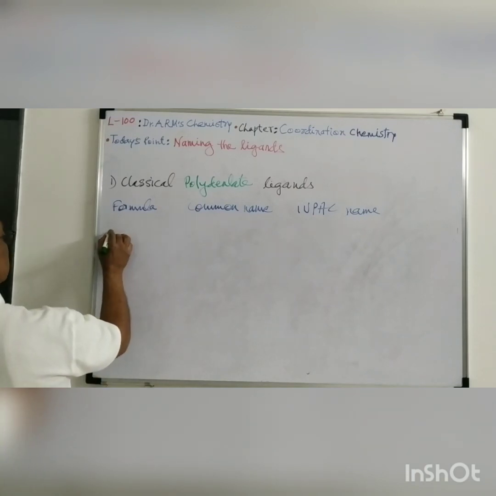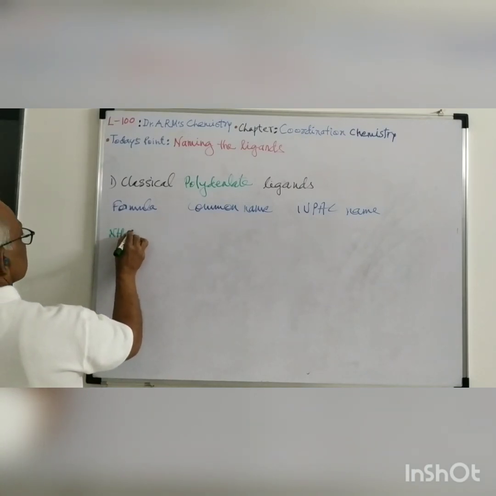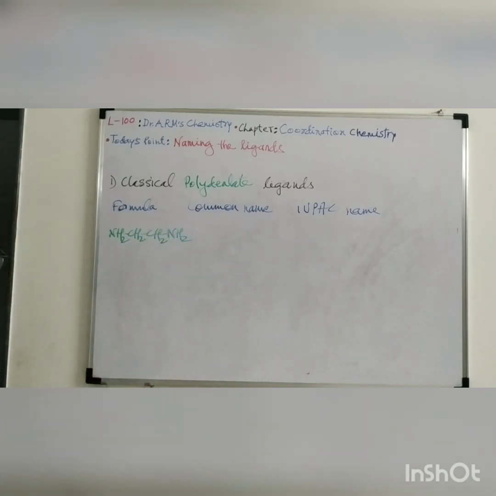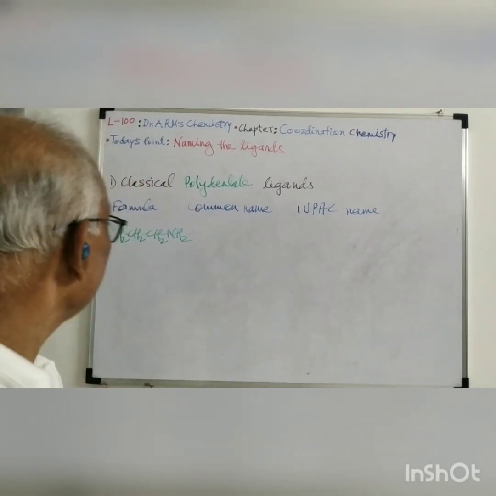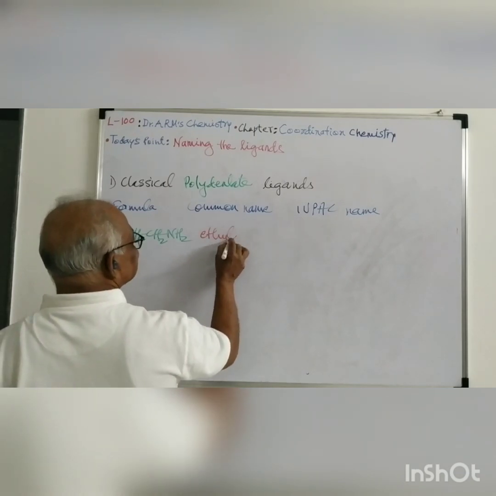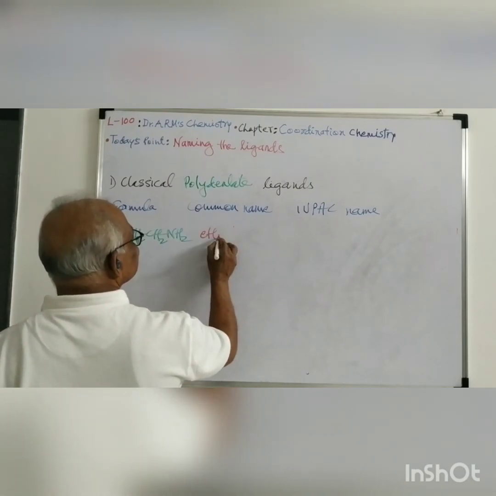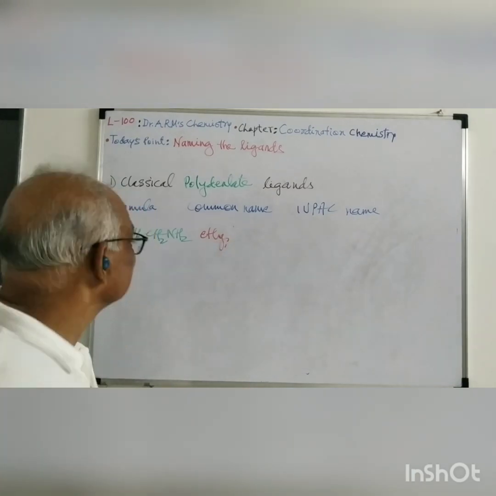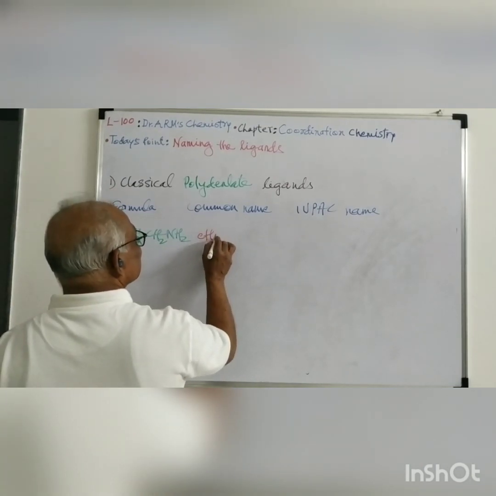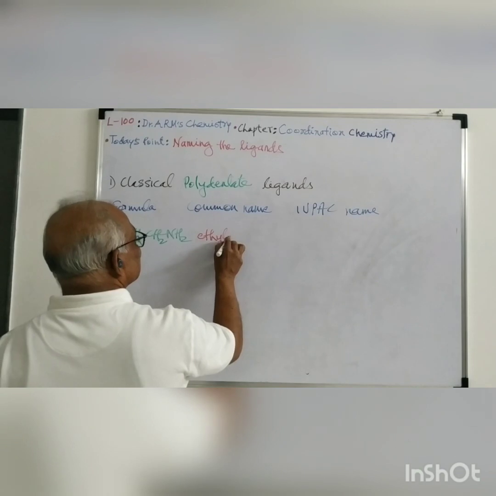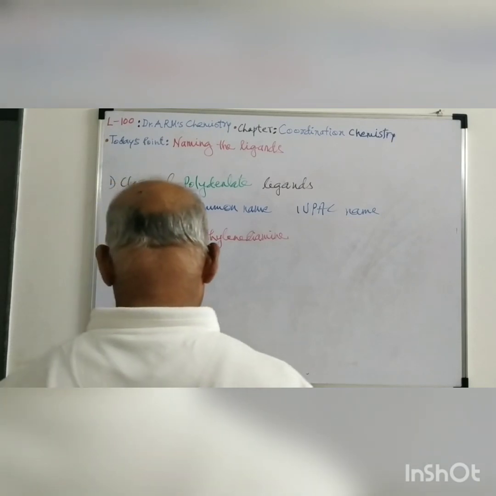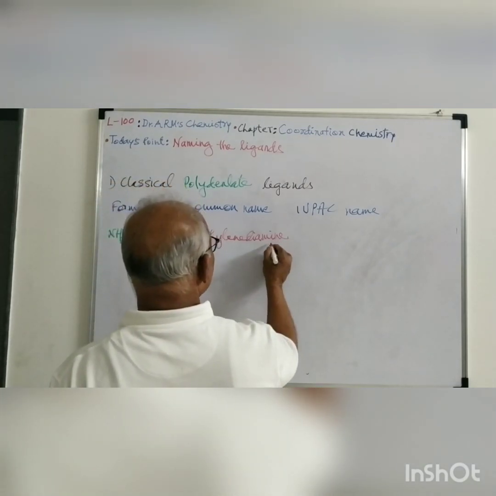For example, if we consider NH2 CH2 CH2 NH2, the common name is ethylene diamine. It is abbreviated as en.